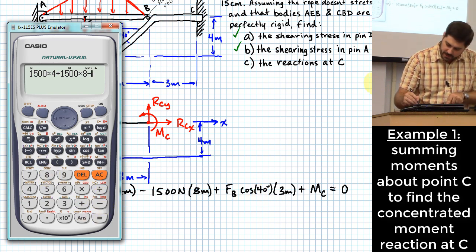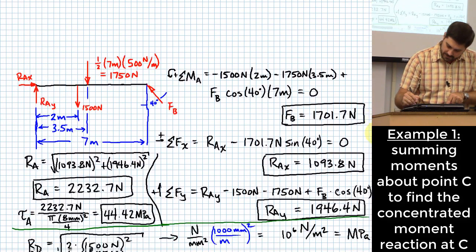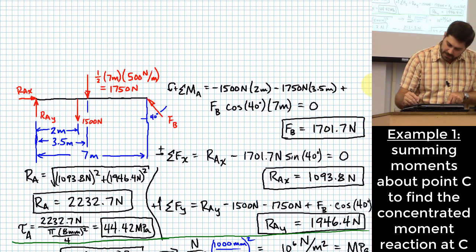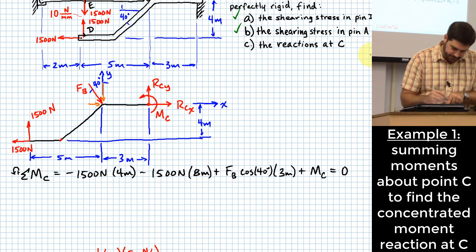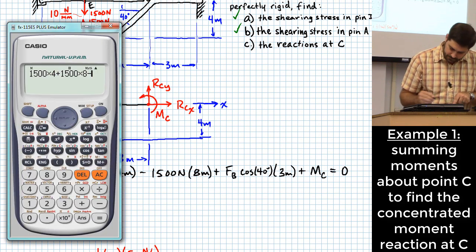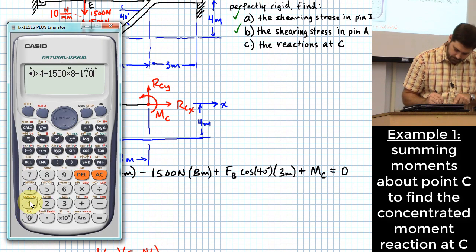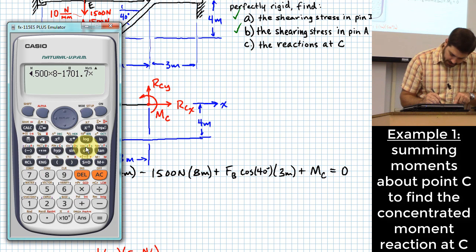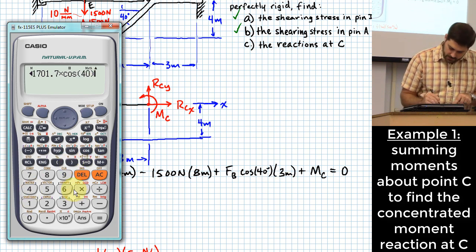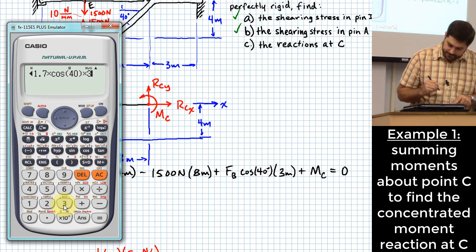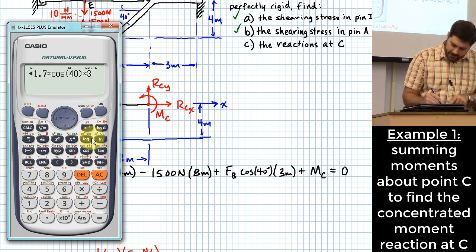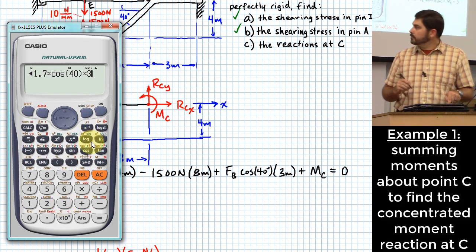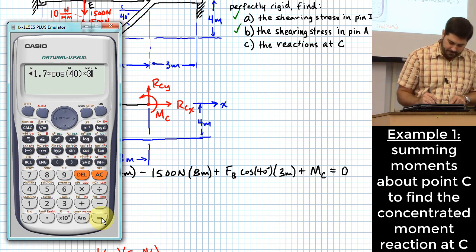What was FB? Okay, 1701.7 newtons times the cosine of 40 degrees times 3. Okay? And that should basically be it.